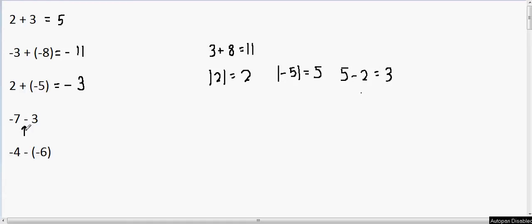When we subtract a number, we can change it to an addition by the opposite of that number. So the subtraction by 3 can be changed to an addition by minus 3. Since both minus 7 and minus 3 have the same signs, we can follow what we did in the second problem, which is to keep the minus sign for the answer.